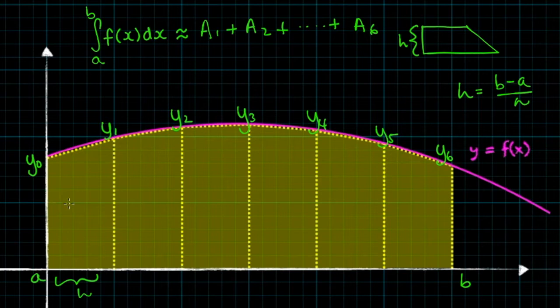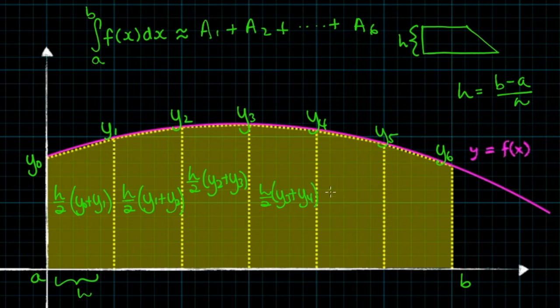Then the area of the first trapezium would be h over 2 multiplied by the sum of the parallel sides, y0 plus y1. The second one would be h over 2 times y1 plus y2, and then it would continue. So now we have the area of each trapezium.